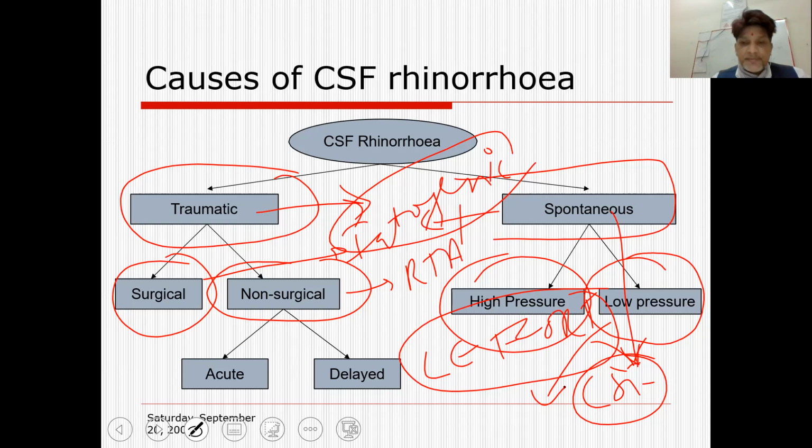The inherited breach in the continuation of the bone, also called dehiscence, leads to this kind of leak, which may be present especially if the patient has an abrupt increase in intrathoracic pressure, which increases the CSF pressure, like we do in a Valsalva maneuver. So these patients present without a trauma, but there is a CSF leak.